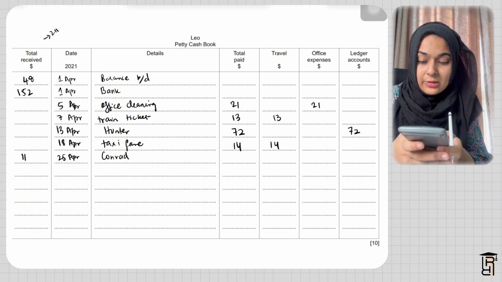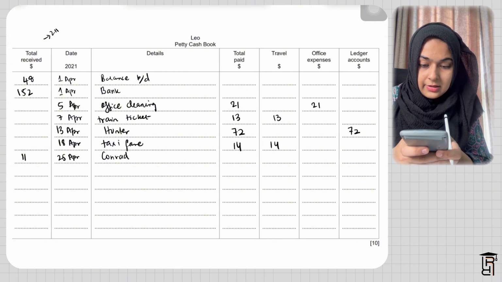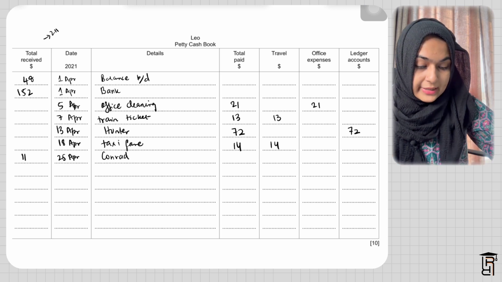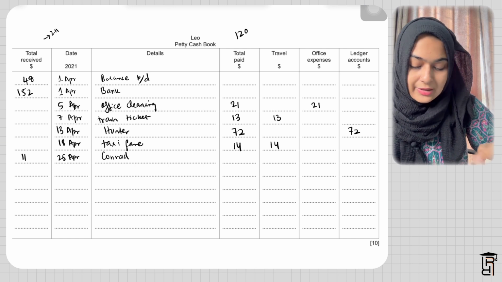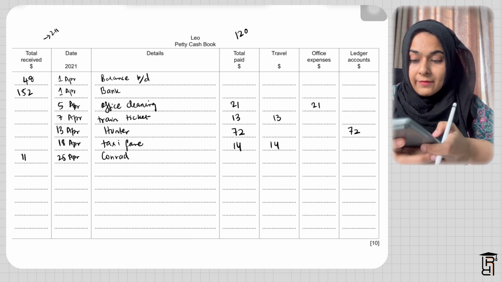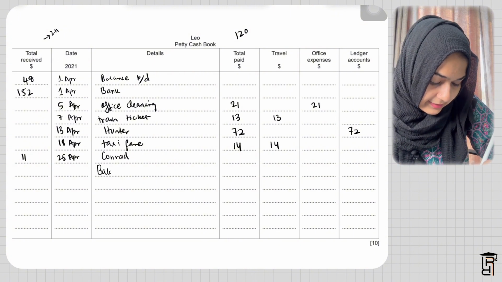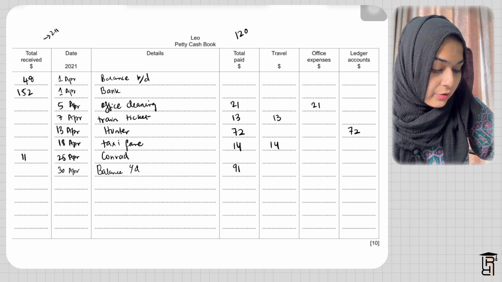And credit total, I'll just total it, 21 plus 13 plus 72 plus 14 is $120. And so now the balance carried down will be 211 minus 120, which is going to be $91. So I'll write here balance carried down, 30th April, balance carried down, and $91.